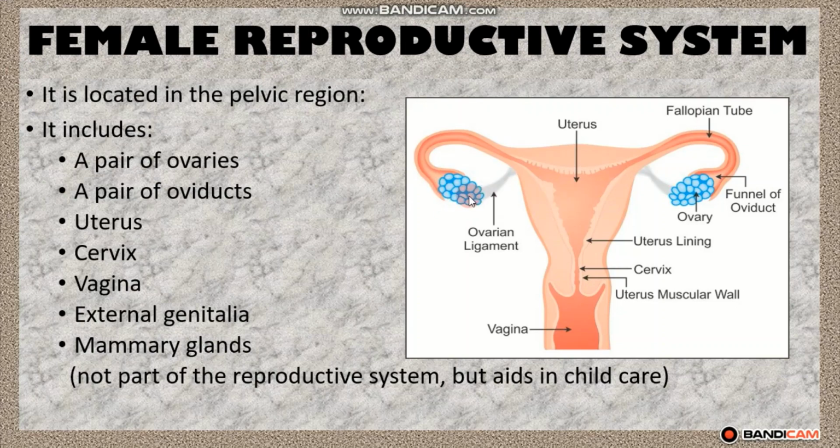That's why it is the primary sex organ of the human female. The ovary also produces some kinds of ovarian hormones that help in pregnancy and parturition. So this is the function of the ovary.